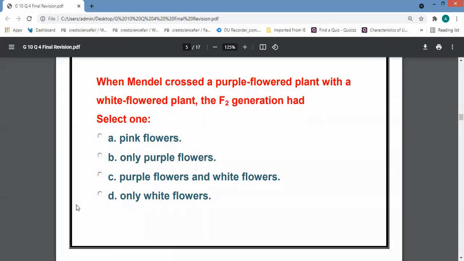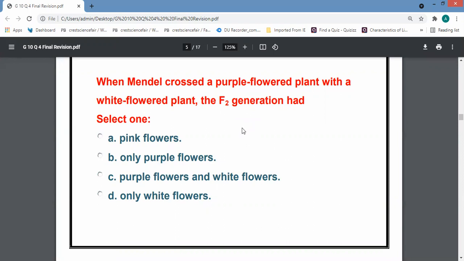When Mendel crossed a purple flowered plant with a white flowered plant, the F2, second generation, had what? Pink flowers, only purple flowers and white flowers, or only white flowers?